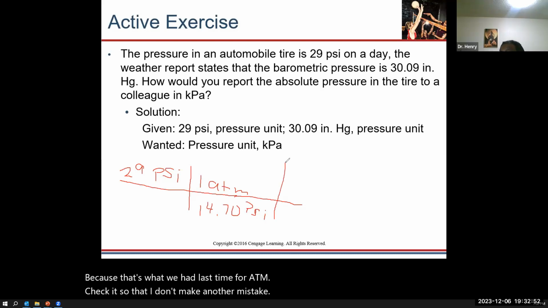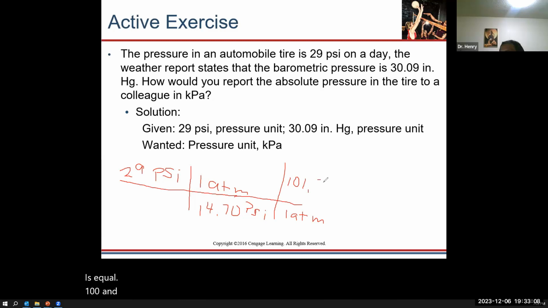And we know that 1 atmosphere is equal to 101.325 kilopascals.